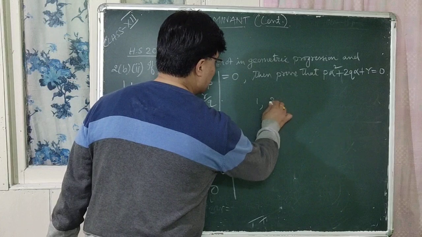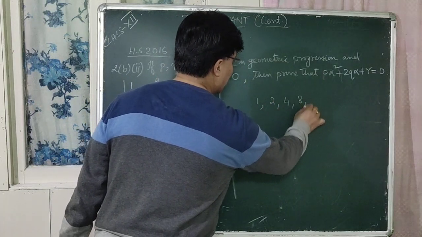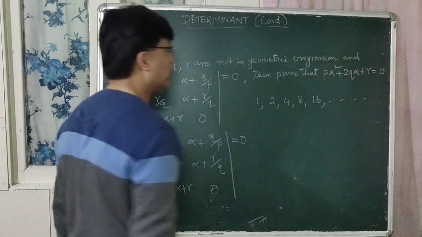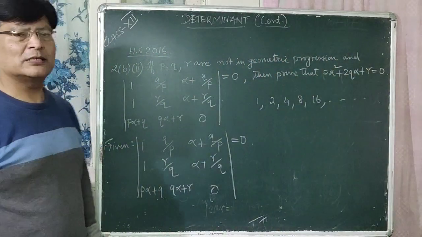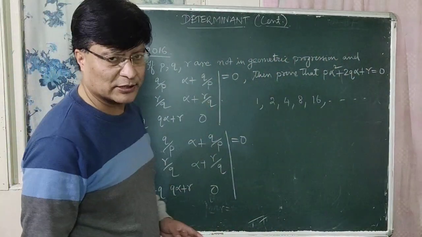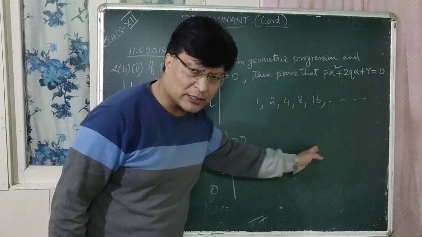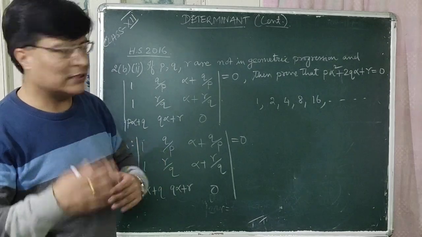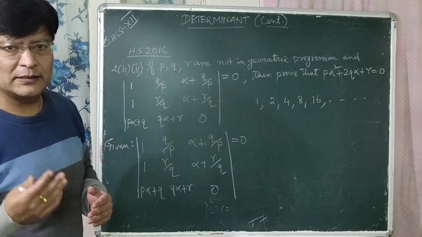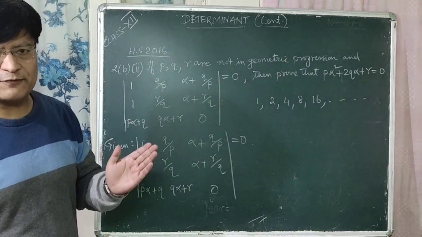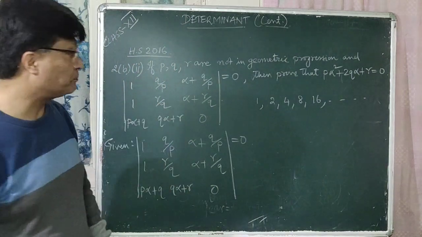So 1, 2, 4, 8, 16, then dot dot dot. So this is a series, like 1, 2, 4, 8, 16, then comes 32, then 64. It is doubled of the previous number, that is 32, 64 and so on, right?